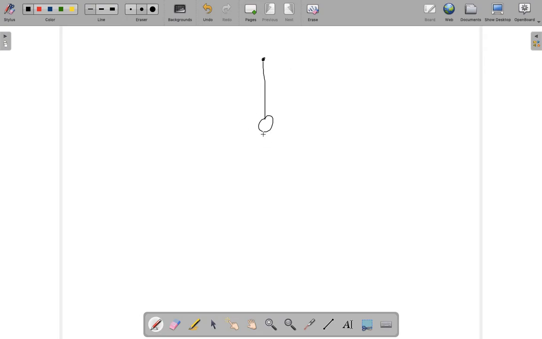So at this point, let's say that this is time equals 0. And we also say displacement equals 0 because it's at the equilibrium point right now. Over here, at this point, the velocity of this pendulum is maximum.